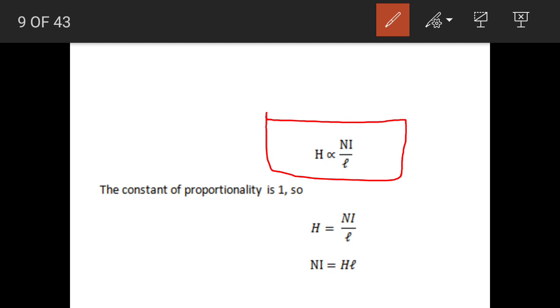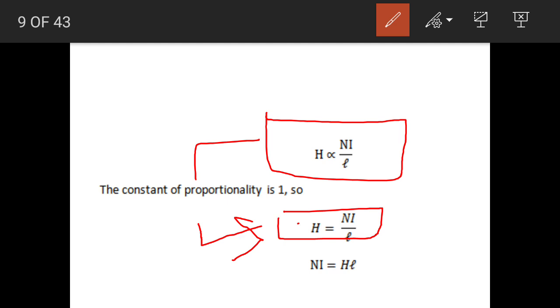The constant of proportionality in this particular case is 1. So the magnetic field intensity will be equal to Ni divided by L. The magnetic field intensity at any point in the given magnetic circuit will be equal to Ni divided by L.